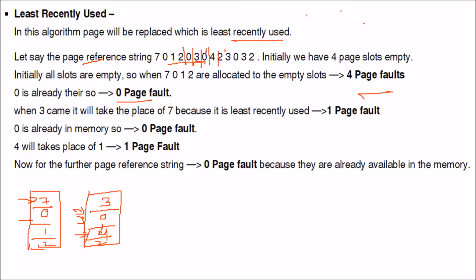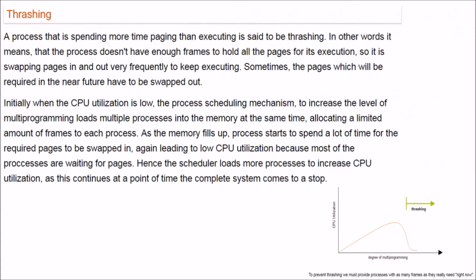So we'll replace this 1 by 4. Okay. Then 2 will come, it is already there, 3 will come, already there, 0 will come, already there, and 3 and 2. There will be no page fault. In all, there will be 4 plus 5 plus 6 page faults in least recently used.